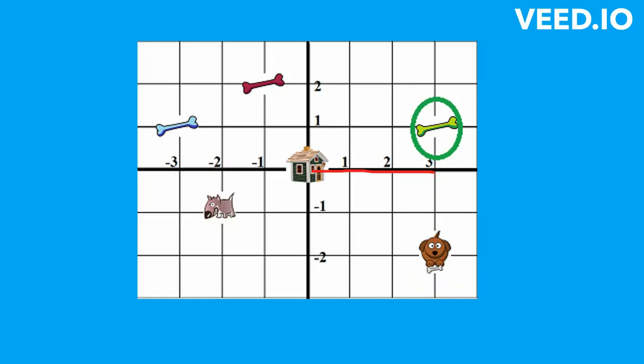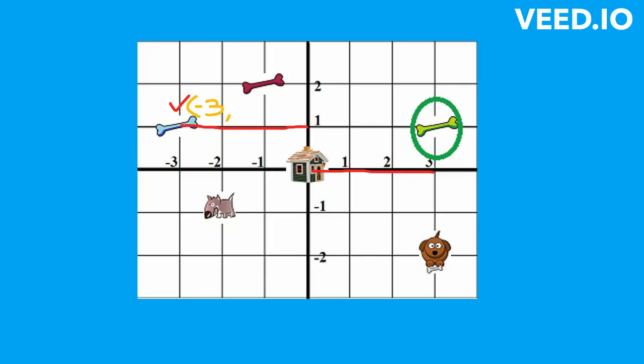Let's try to find the coordinate pair, x and y coordinates, for this one. It is 3 units from the origin but in the negative direction, in the backward direction. So -3.